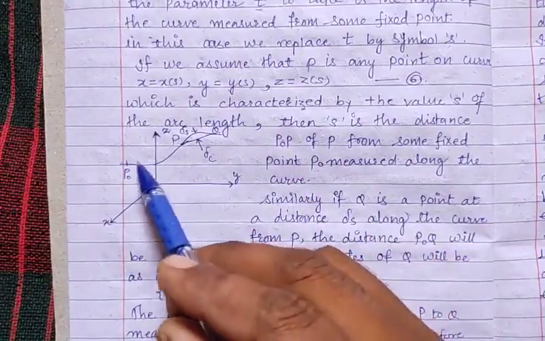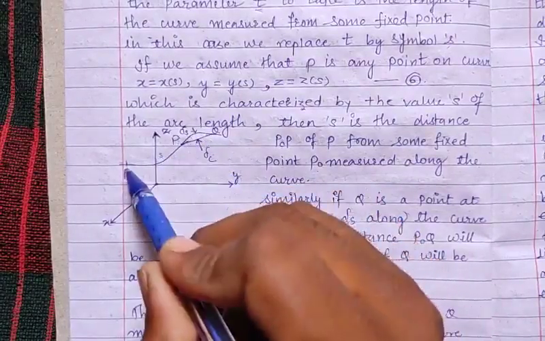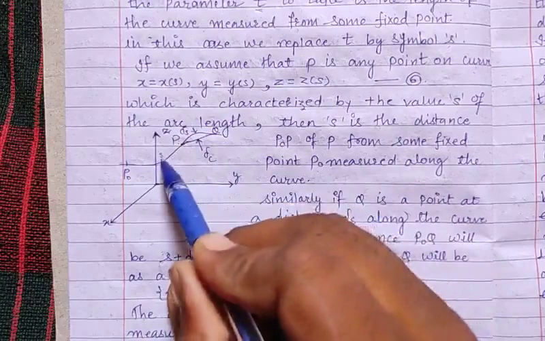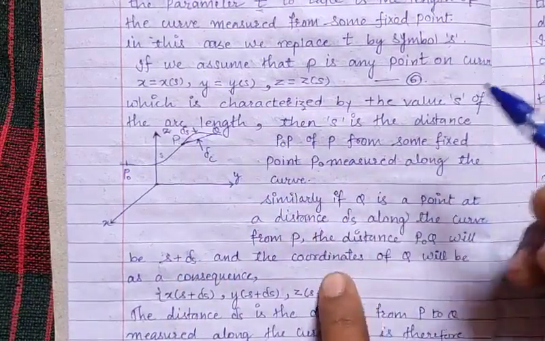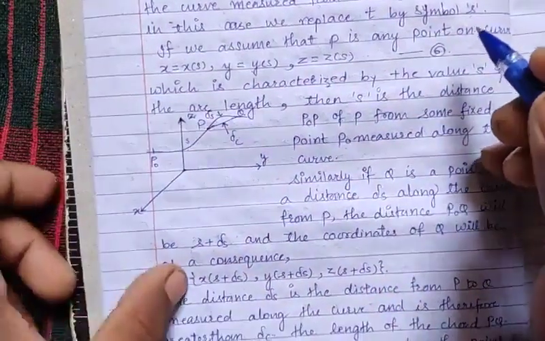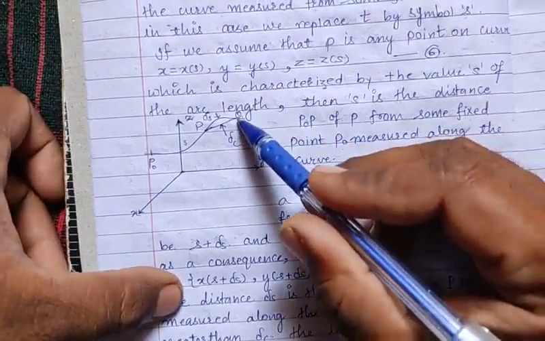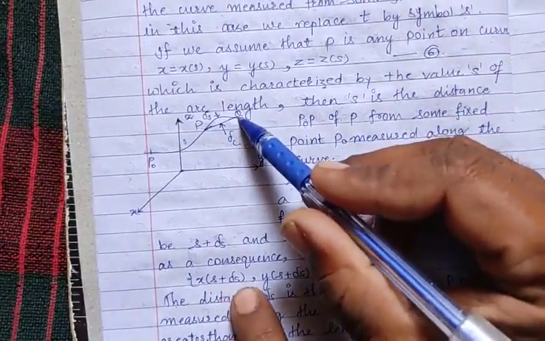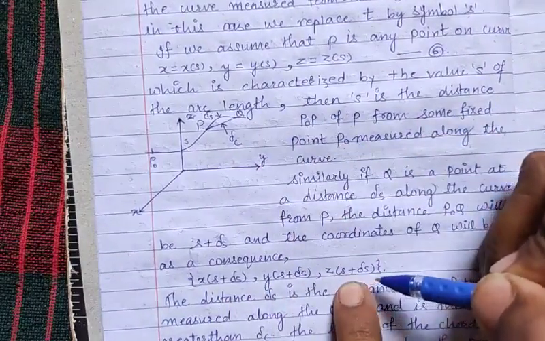So this distance is s and this distance is delta s. So p naught to q has distance s plus delta s, and the coordinates of q are x of s plus delta s, y of s plus delta s, and z of s plus delta s.